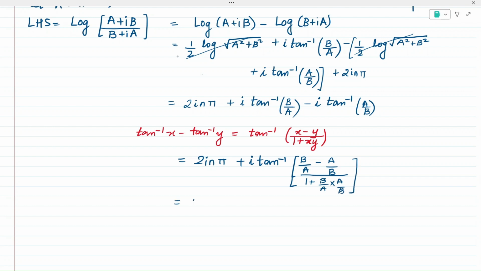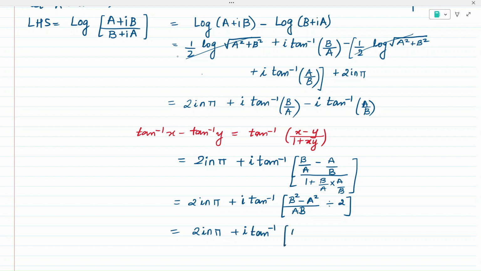So now this is equal to 2i n pi, I tan inverse, क्रॉस मल्टीप्लाई करोगे तो b स्क्वायर माइनस a स्क्वायर, डिनोमिनेटर में ab, and this is again divided by 1 plus 1 which will become 2. So this is 2i n pi I times tan inverse b square minus a square divided by 2ab.